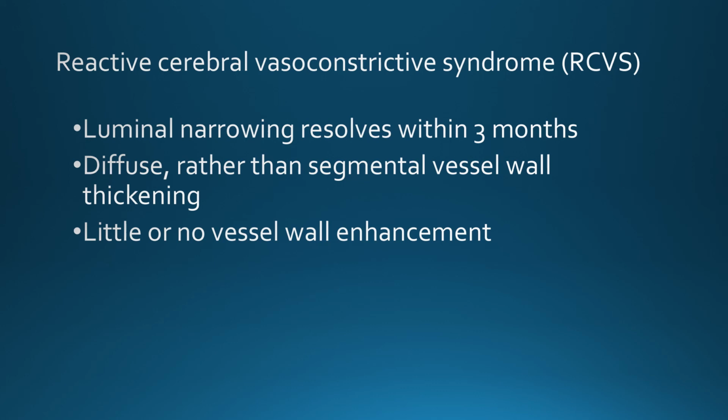You get diffuse vessel narrowing, but if you do vessel wall imaging, you get little to no vessel wall enhancement. So in this patient, the RCVS was due to the postpartum state. There's some overlap between RCVS and PRES, so it was likely related to being postpartum and not related to the fact that she was diagnosed with lupus.